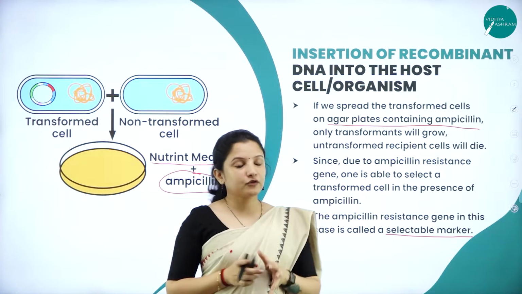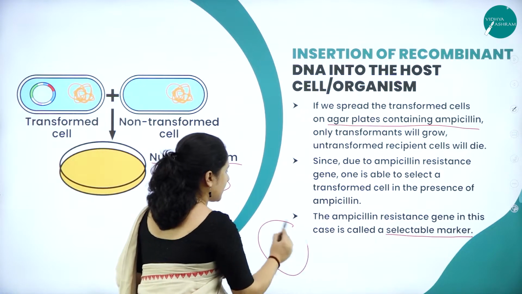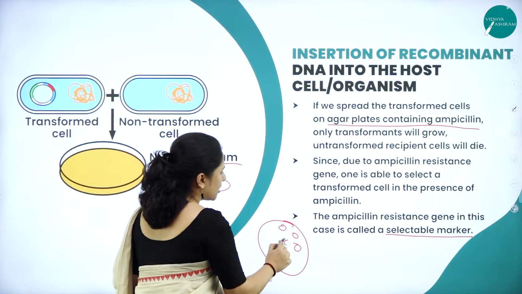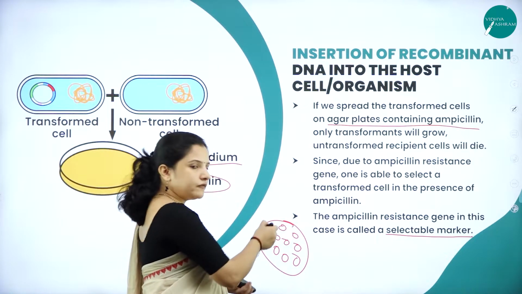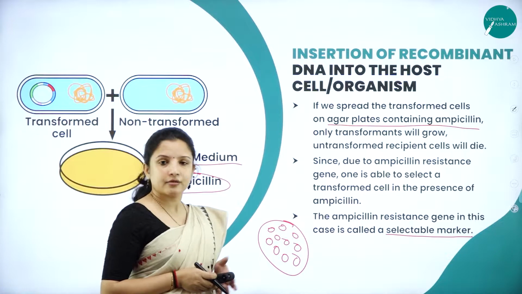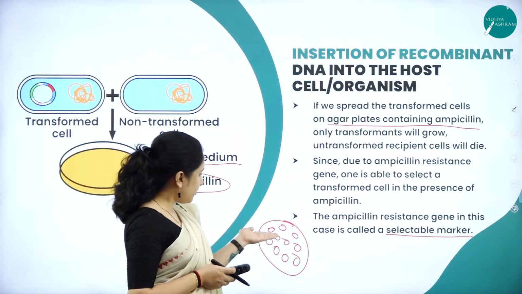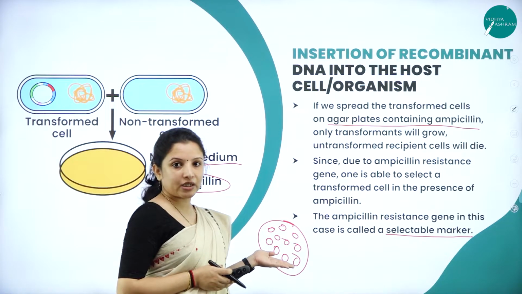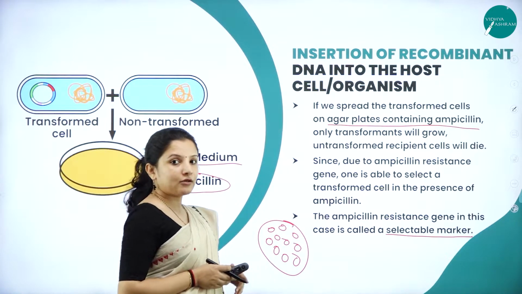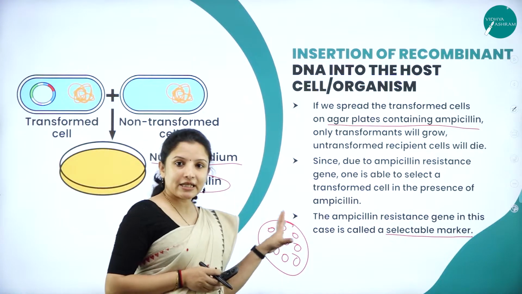When those bacteria multiply, do you think all of them will have the recombinant DNA in them? No, some will not. How can you find out which has the recombinant DNA and which does not? To find that out, the selectable marker, the ampicillin resistance, is already put in these vectors.